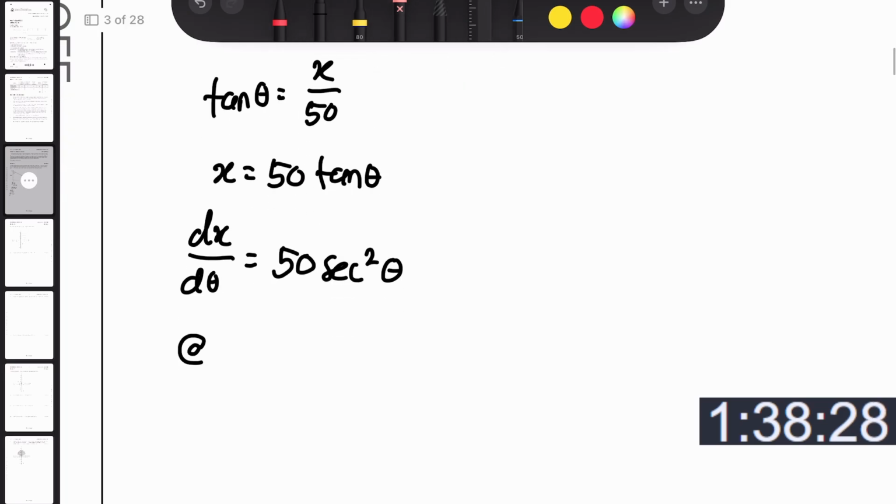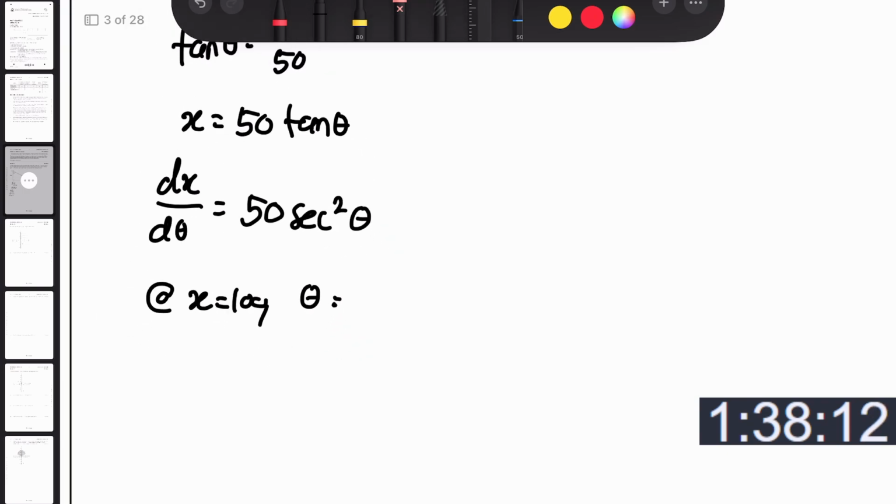And then at x equal 100, tan theta equals 0.5, so I need to solve 0.5 equals tan of theta. Is there a standard value for this? Nope. So theta equals 0.4636.